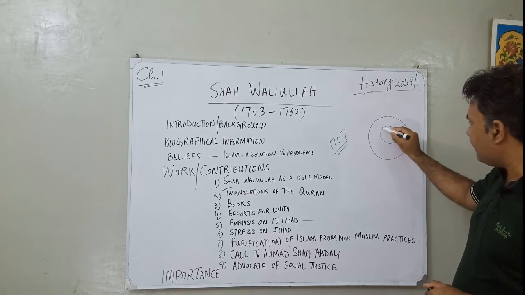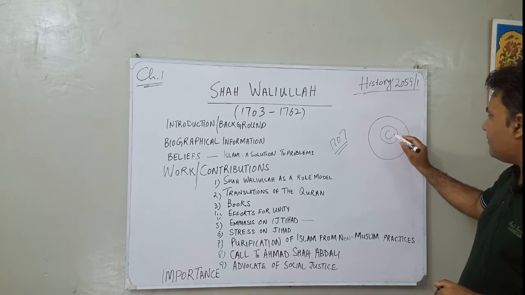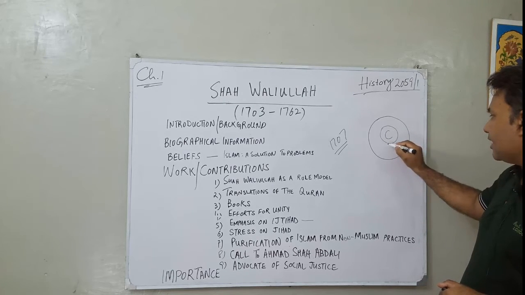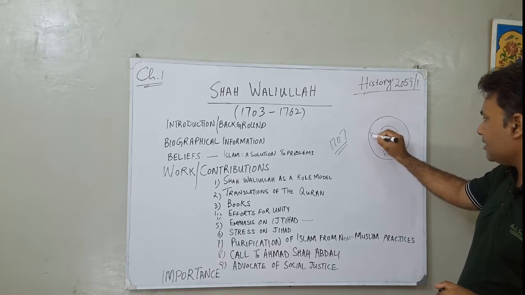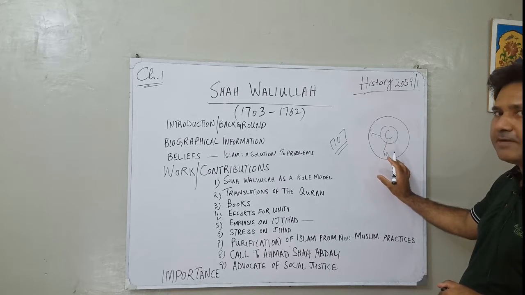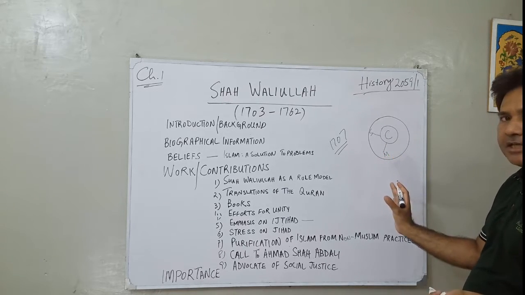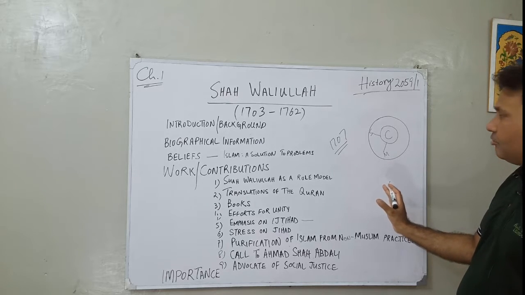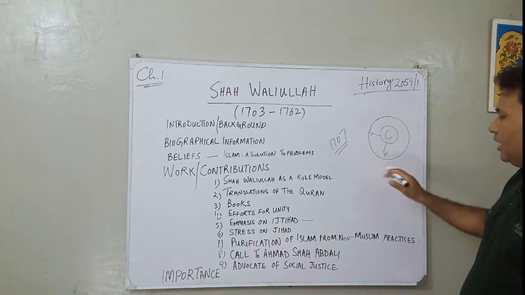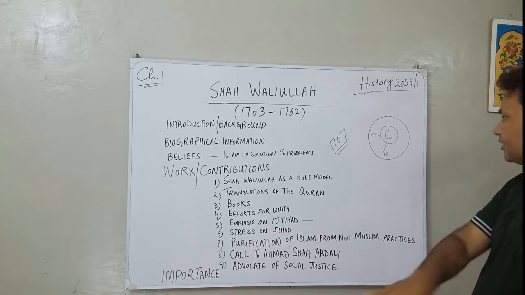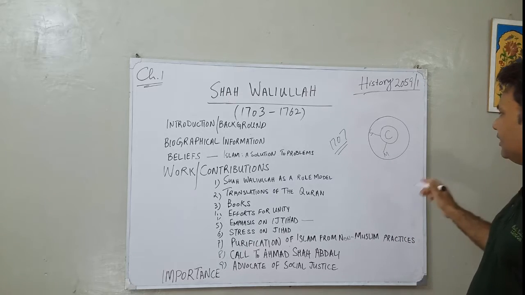And apart from that, when the central Mughal government started becoming weak, the regional forces, for example, the Marathas in the south and the Sikhs in the north, started becoming more powerful than ever before, and they started posing serious challenges to the Mughal central power, through the Mughal Empire. And there were also other regional forces, for example, Jats and Rajputs. They were also posing challenge to the Mughal Empire.